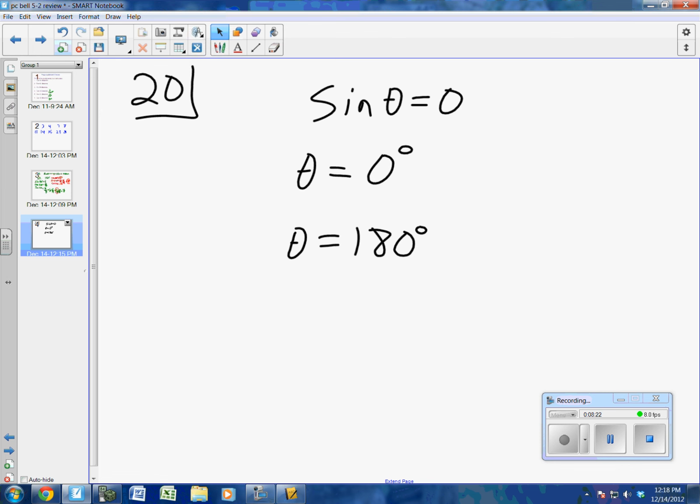Every single time. Do you see that? All we want to know is what are two angles that, when you take the sine of them, you're going to get 0. Well, sine's defined to be the y coordinate. Y coordinate 0 right there and right there. So 0, 180, 360, 540, 720, and all the way, keep going around. Every time you hit one of those two, you're going to get an angle that is going to be coterminal. Okay? Any other questions?